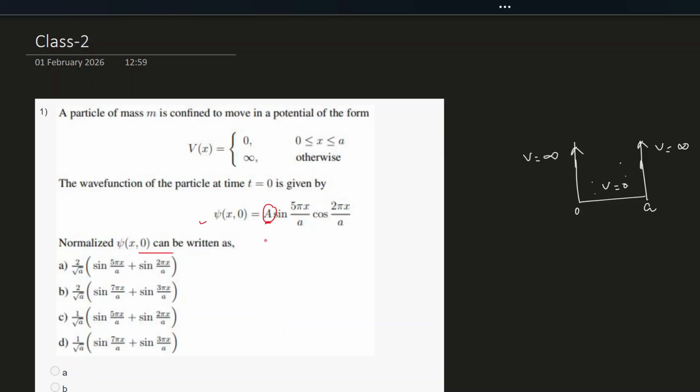Once you apply the normalization condition on this functional form of psi, you will get the form of the constant a, and the answer will be one of these four options.